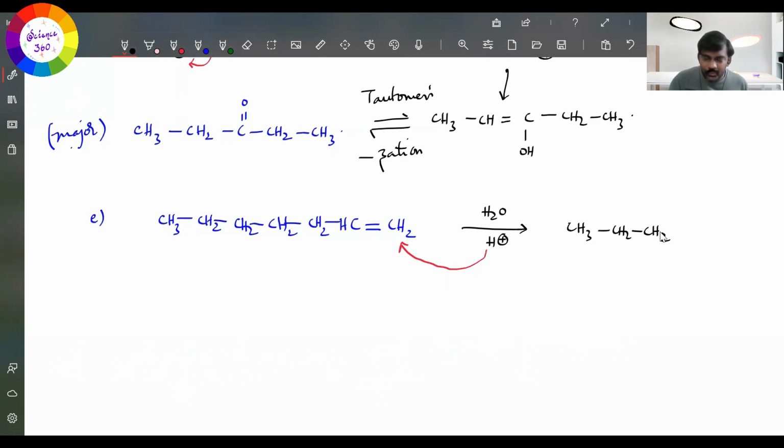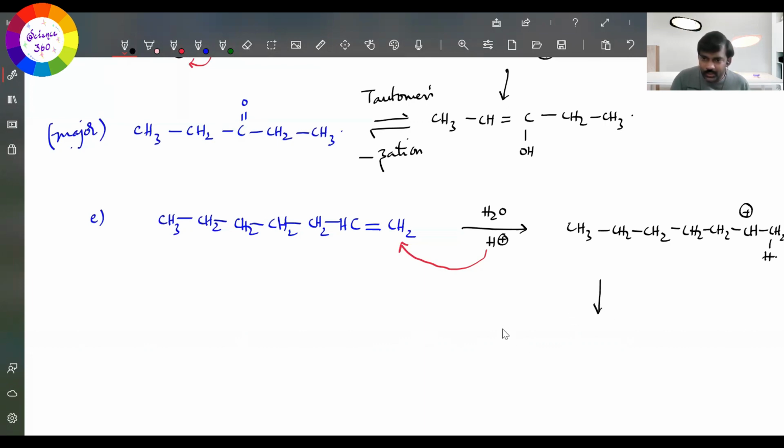Now I'll be getting the positive charge shifted to the second carbon. So here I'll get CH plus and here hydrogen attached to it. Now the OH minus ion obviously attacks onto the second carbon.